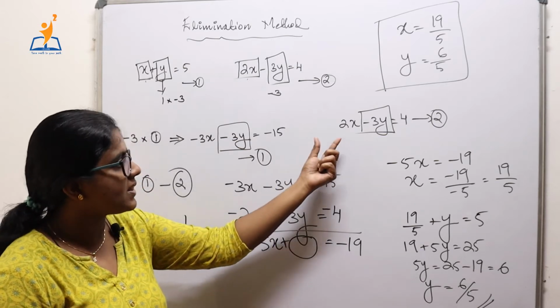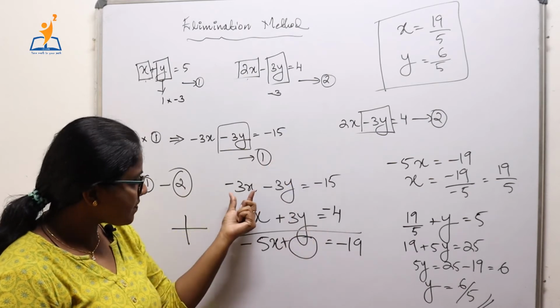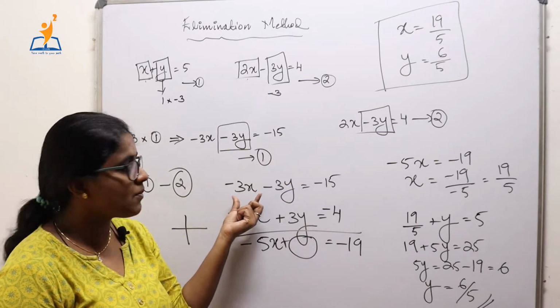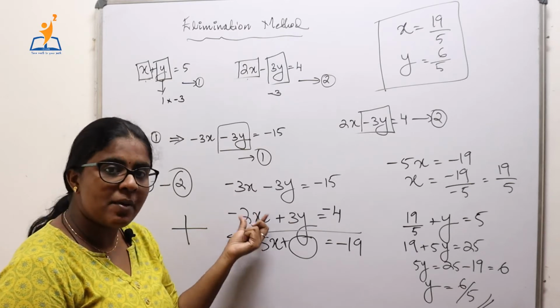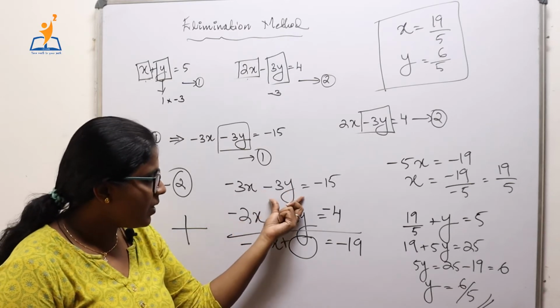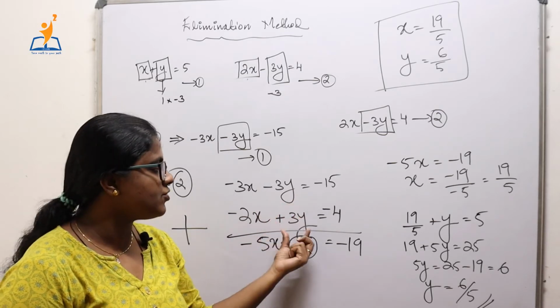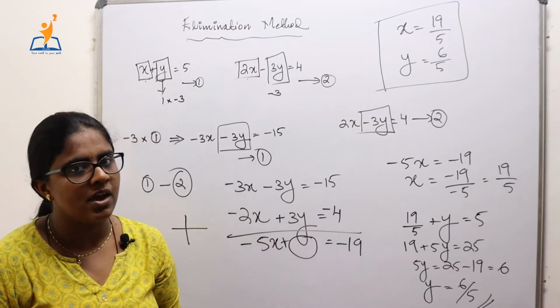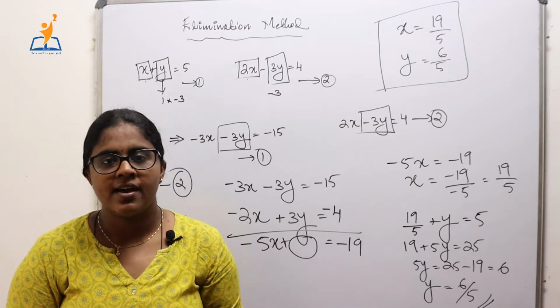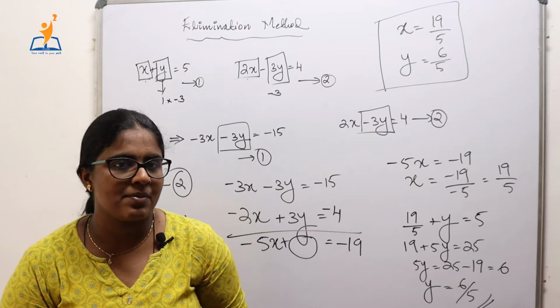Also remember that we must put the x term under the x term only, the y term under the y term only, and the constant term under the constant term only, and then do the operation. So this is the elimination method.